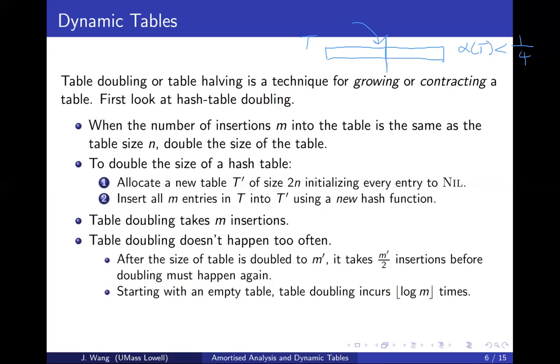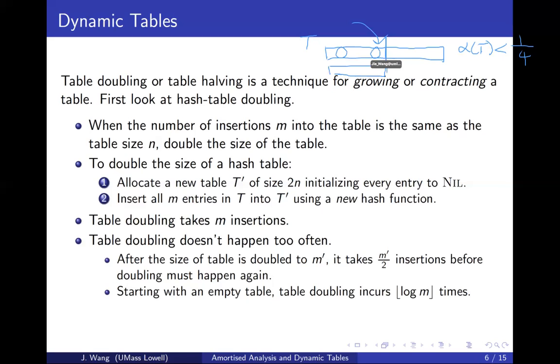So maybe the better way to do that is when the table is 1/4, okay, the load factor is about 1/4, then you shrink the table size. So that means now, if that is the case, I'm going to create a table and do a rehashing.